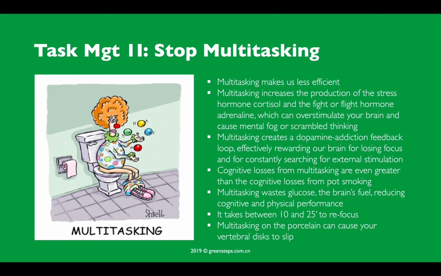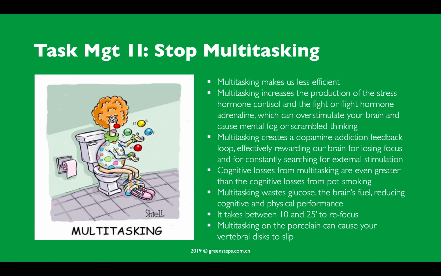Multitasking increases the production of the stress hormone cortisol and the fight or flight hormone adrenaline, which can overstimulate your brain and cause mental fog or scrambled thinking. So if you multitask for several hours, don't be surprised if you're exhausted in the afternoon and don't get anything done anymore.